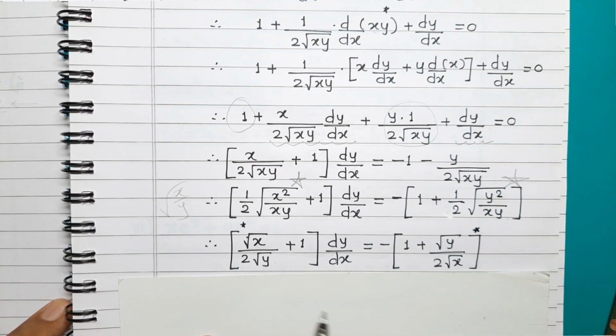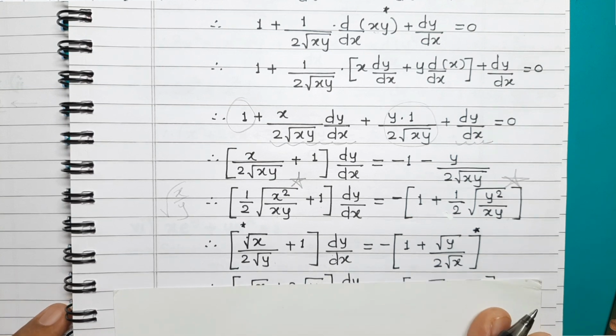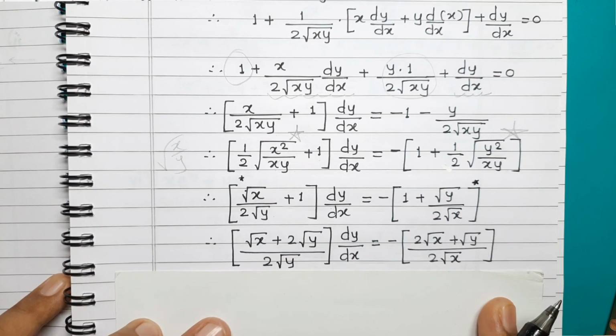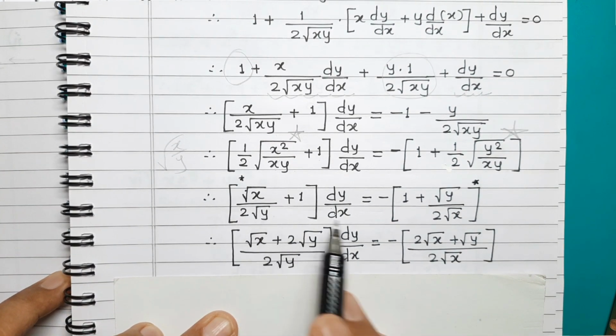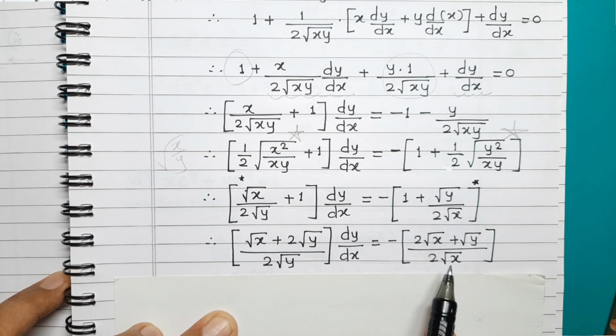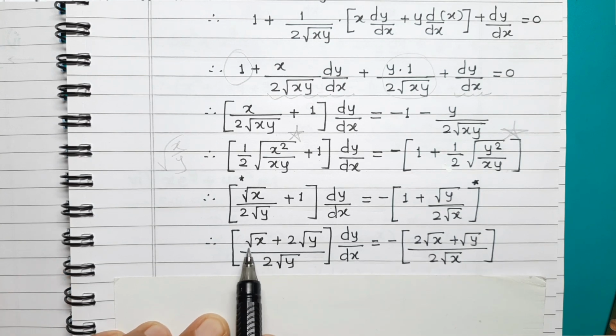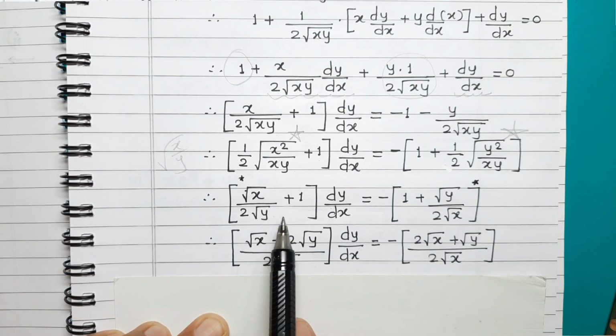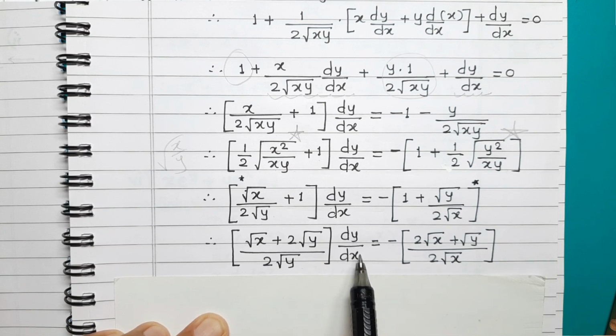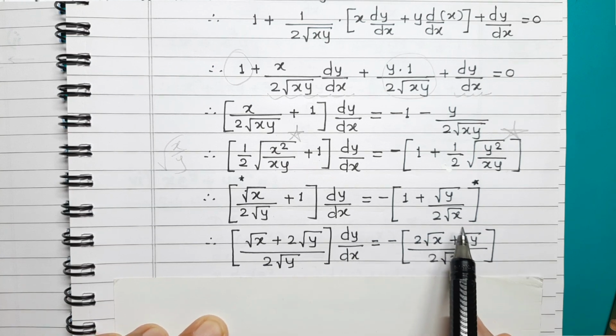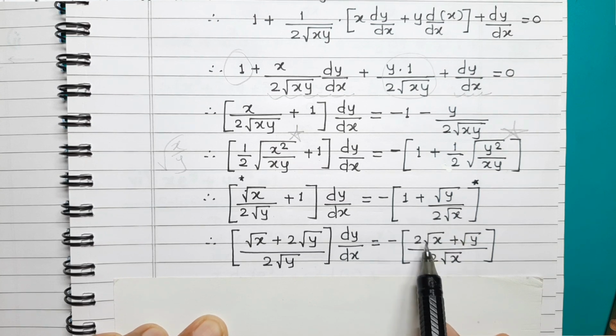Okay, and now let's make denominators same here. For that we have to multiply 2 root y to 1. Okay, so multiplying and using same technique for this bracket we have these two terms. See, root x plus 2 root y upon 2 into root y into dy by dx is equal to, here 2 root x is multiplied to 1 to get same denominator.